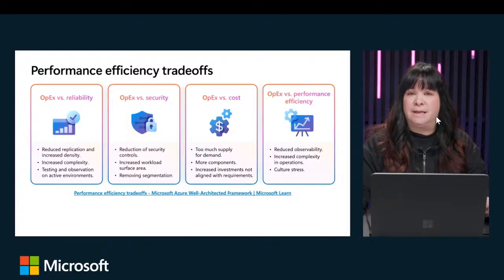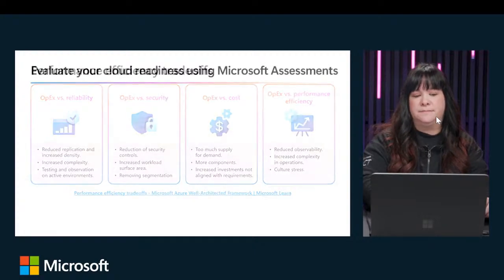And then when we look at operational excellence, performance improvements may reduce visibility into system operations and increase operational complexity, conflicting with operational excellence practices. Understanding these trade-offs helps balance performance efficiency with reliability, security, cost, and operational excellence.